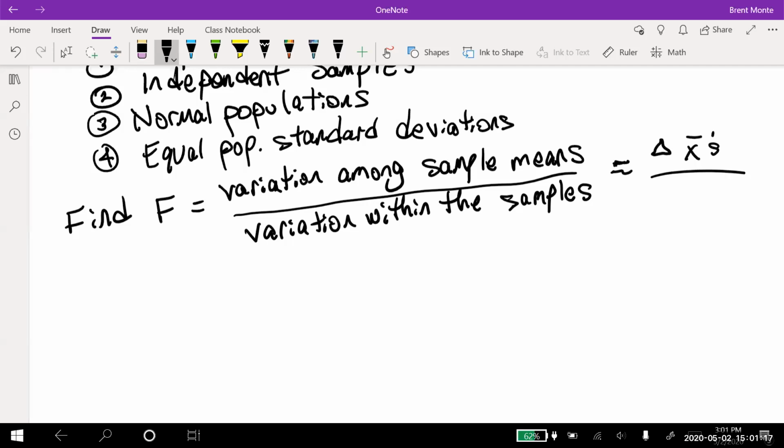We're looking at how far spread out the sample means are, divided by how spread out the sample standard deviations are. That's how we measure the variation within the samples, looking at all the standard deviations. In fact, they're pooling those, so it's looking at the standard deviation of all of the groups put together. But that's essentially what's happening.